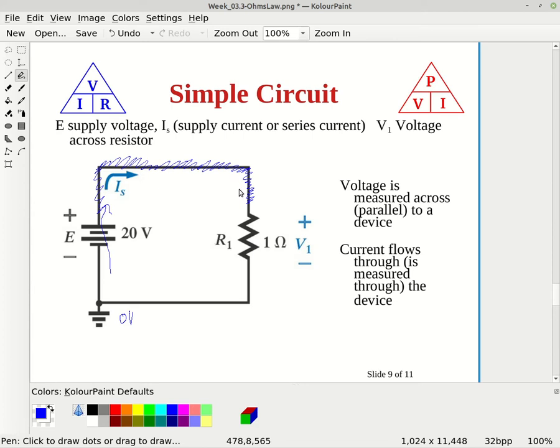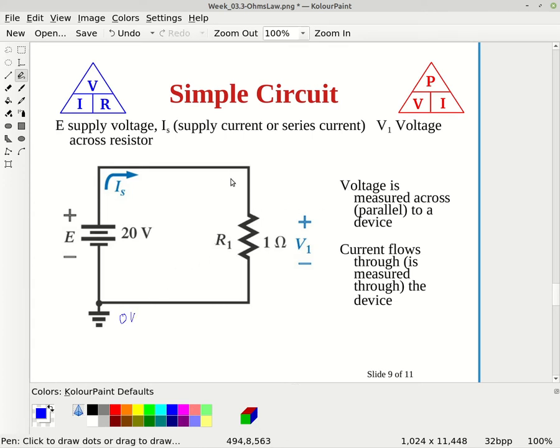So we know there's resistance there, but we're going to ignore the resistance in the conductor. This down here is also a conductor, so again we're going to ignore any resistance within there.